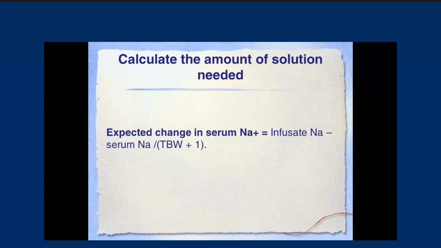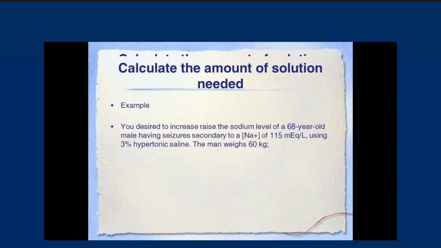For male adults it is 0.6 of the total body weight, female adults around 0.5, elderly males around 0.5, and elderly females around 0.45.